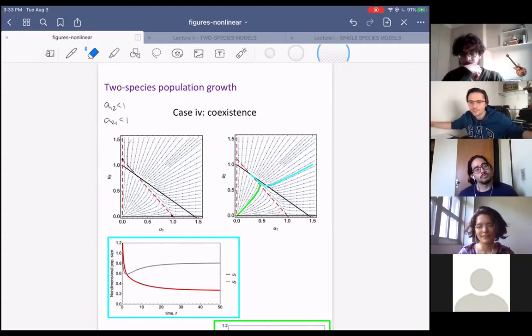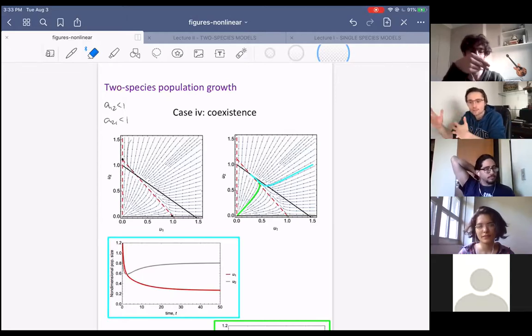Okay, they don't interact, so the space is also dividing resources. Or what happens if some animals decide to hunt in the night and other animals decide to hunt during the day? Okay, they divide the amount of prey. One takes the day prey, the other one takes the night prey, and they can coexist, for example.